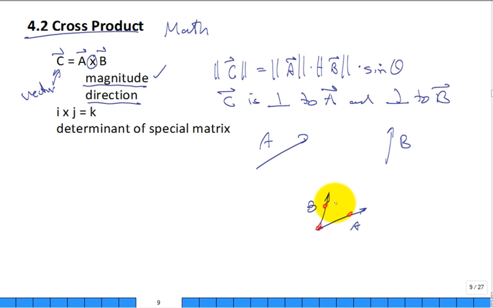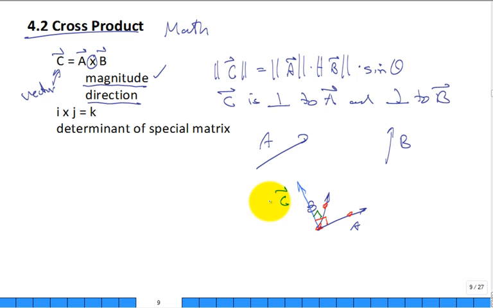In 3D, it gets a two-dimensional plane. Then if C has to be perpendicular to A and perpendicular to B, then it comes out perpendicular to that plane. Maybe you show it as being perpendicular to A. That's hard to do, to show it also perpendicular to B. That's what C is. That's how you get the direction of it.